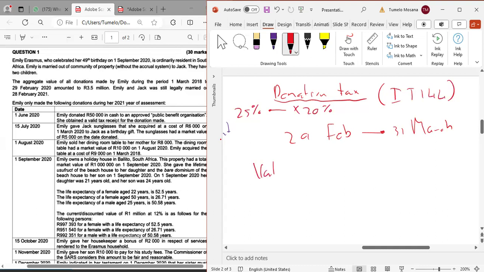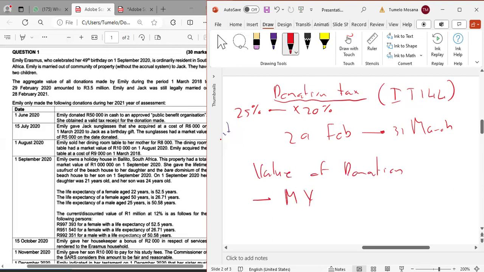The value of your donations is essentially the market value that will be transferred between ordinary residents. Now here's a very interesting one.